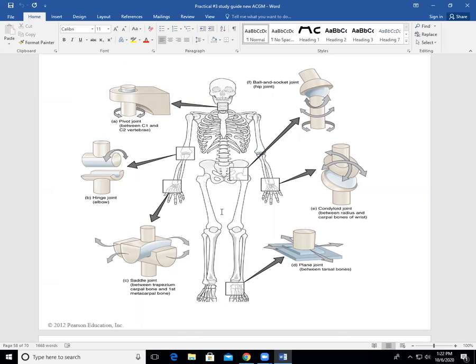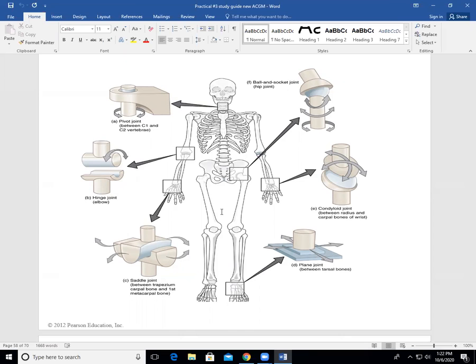All right, so I'm going to point to a few areas. What type of joint is this? Hinge joint, right? What type of joint is this? Ball and socket. What type of joint is this? Saddle, okay? What type of joint is this? The wrist.